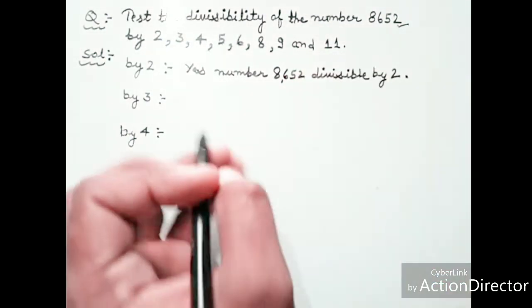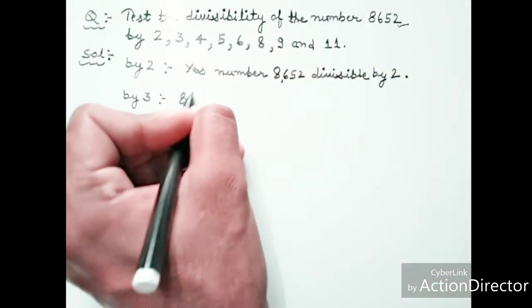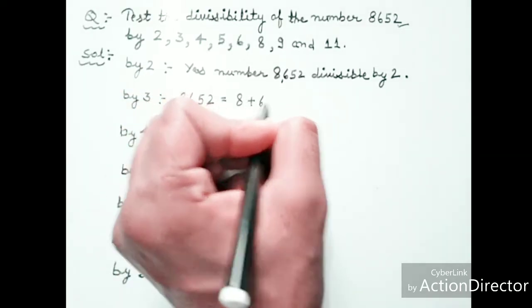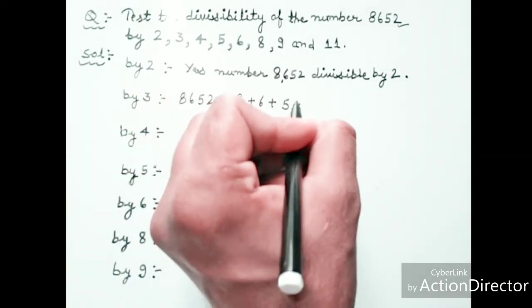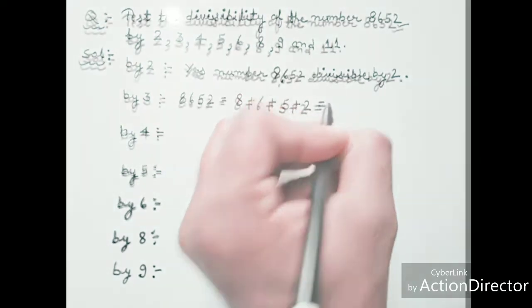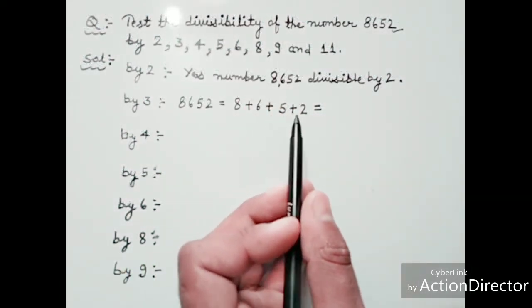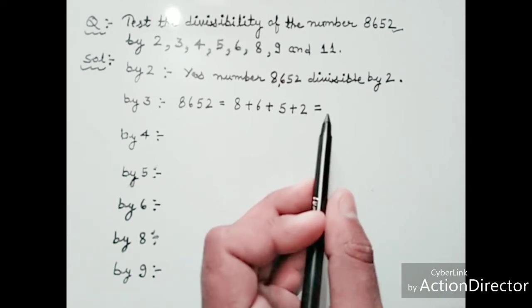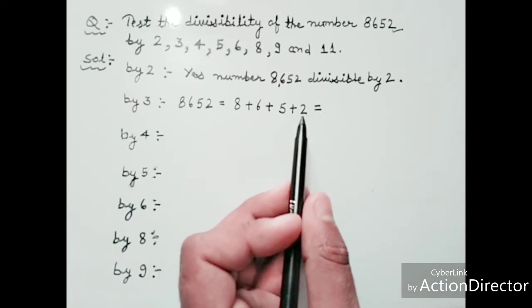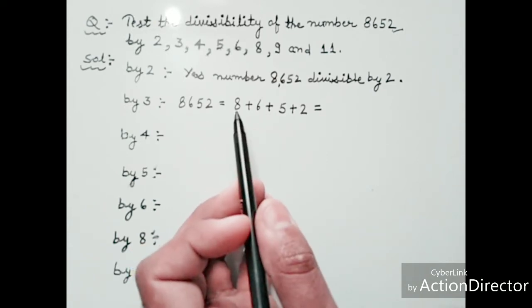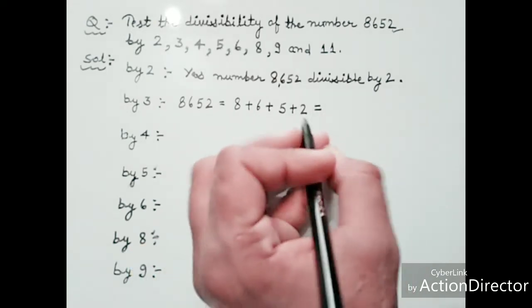So first we add all 4 digits of 8652: 8 plus 6 plus 5 plus 2 gives a sum of 21, because 5 plus 2 is 7, 7 plus 6 is 13, and 13 plus 8 is 21.